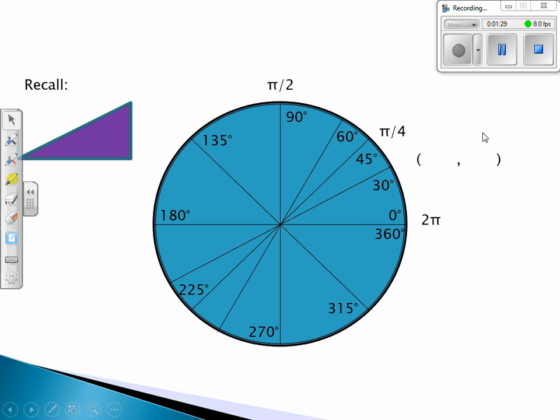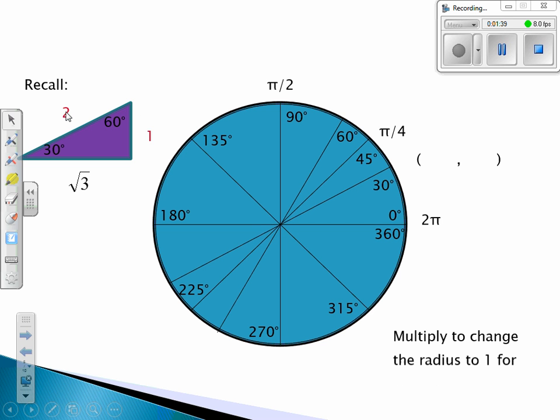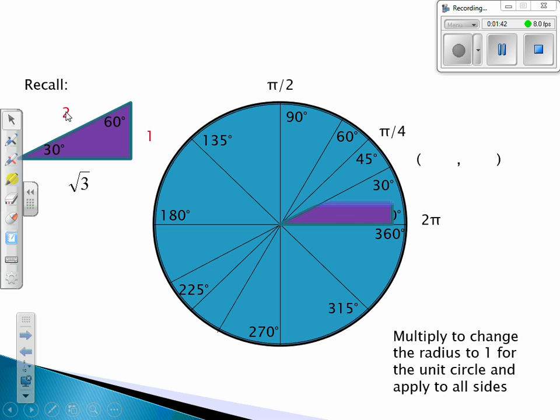Just to show you, the last triangle that we worked on was another 30, 60, 90 triangle. It was a special triangle as well. We originally started with these values, but now we're going to require our triangle to have a radius of 1 so that it fits the unit circle. To do that, we create a similar triangle with a radius of 1, which means divide everything by 2.